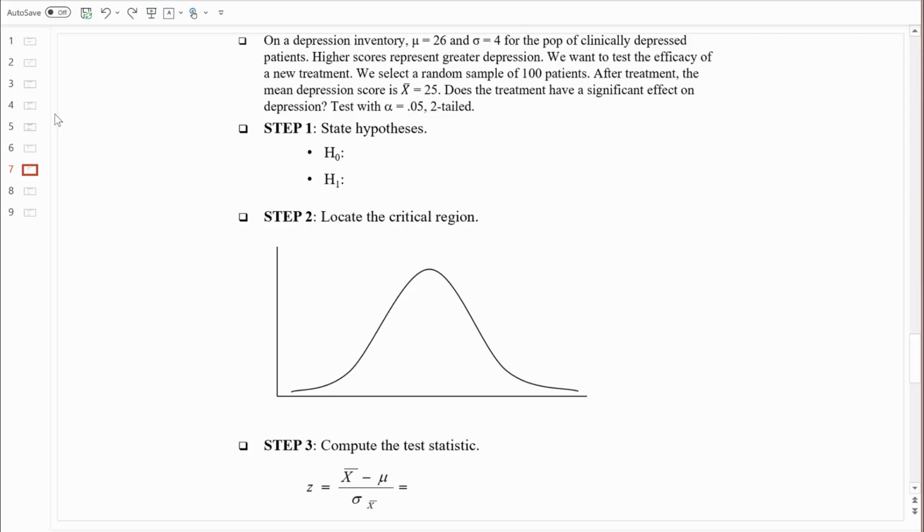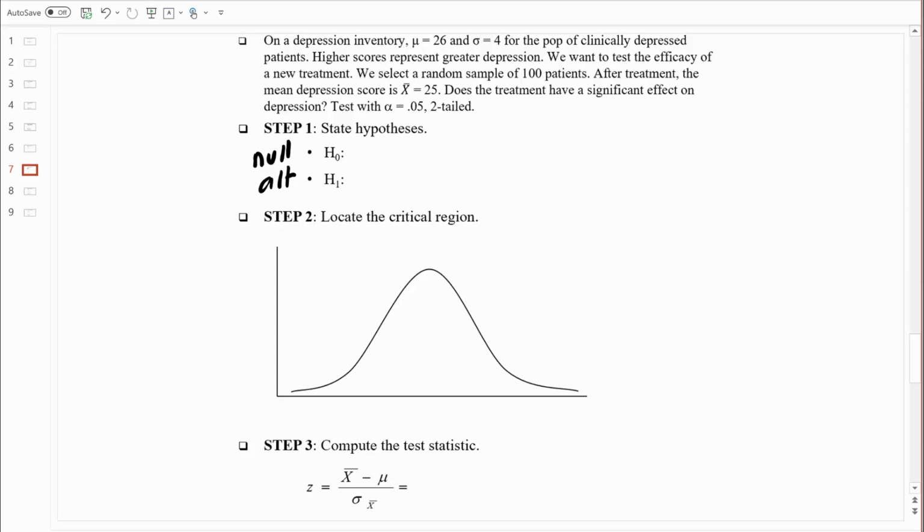Remember, we have two competing hypotheses. We have a null and we have an alternative. The null hypothesis always states no effect. We already know the population mean depression score for the untreated people. We're trying to find out via this sample of 100 patients what the population mean depression score is for the treated people.